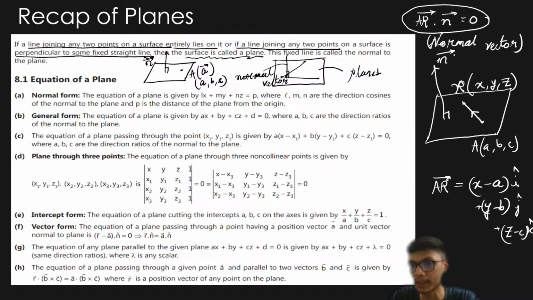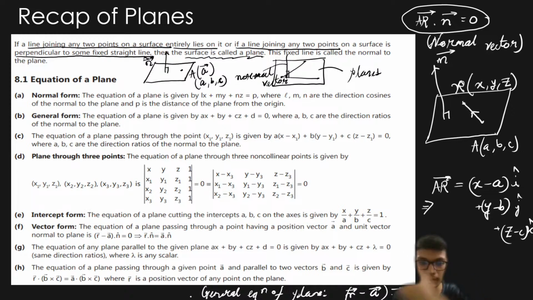If you do this, you will get the general equation of the plane. The general equation of the plane in vector notation is R vector, the position vector of point R, minus A vector, the position vector of point A, dot n vector is equal to 0.